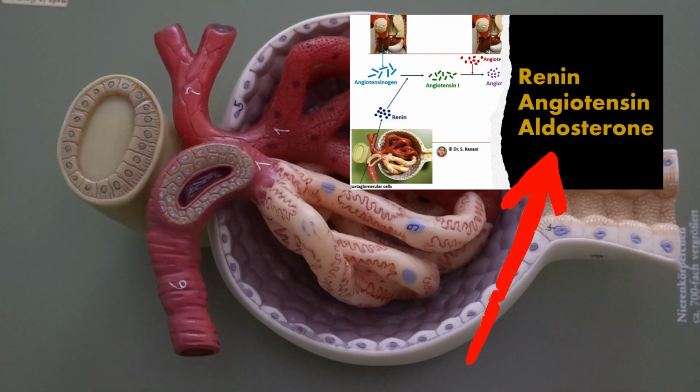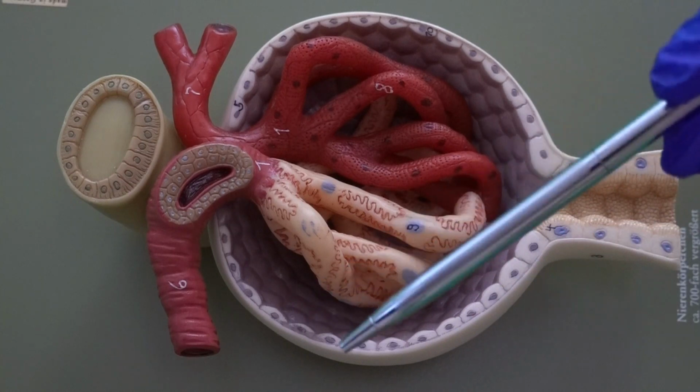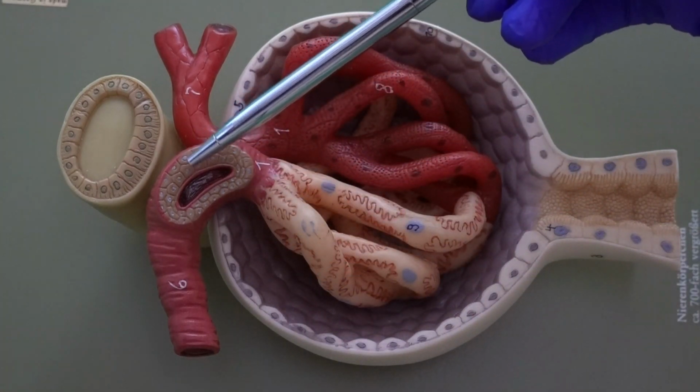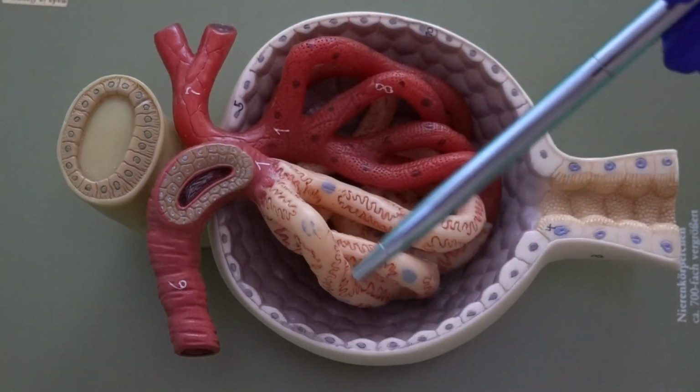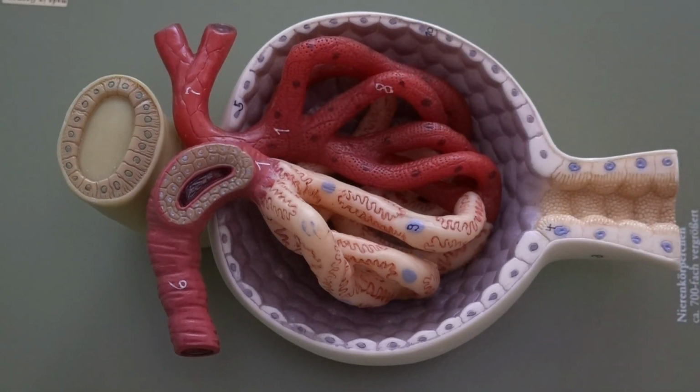Last but not least, I would like to remind you, as I explained in the video Renin, angiotensin, aldosterone, we know that when the systemic blood pressure drops, sympathetic nerves can stimulate the juxtaglomerular cells to release renin into the bloodstream. And we know that when renin is released into the blood, a sequence of events starts that leads to the formation of a hormone named angiotensin 2 and the release of another hormone named aldosterone.